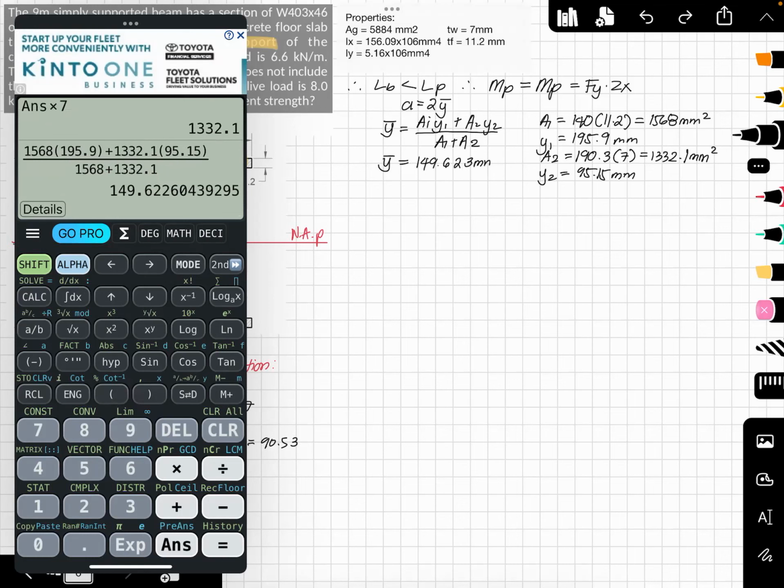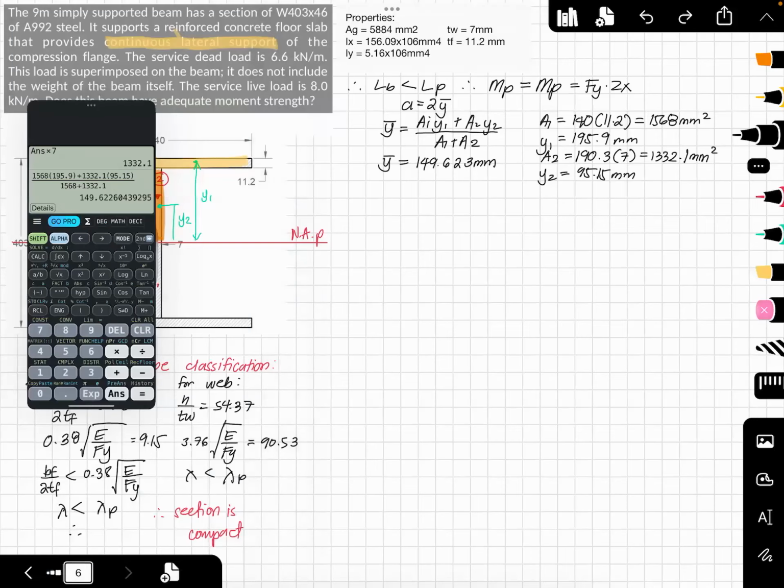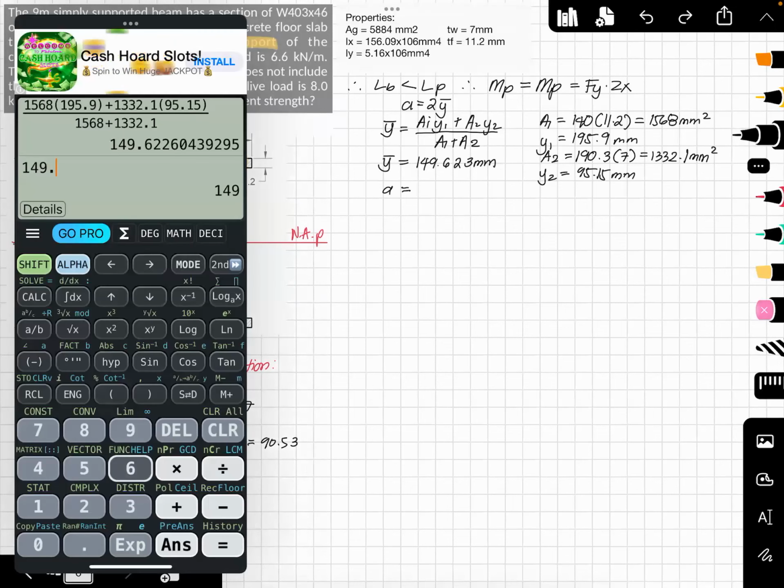So I've mentioned area A is just 2 bar Y. So the total height is your A. So your A now is equal to 149.623 times 2, 299.